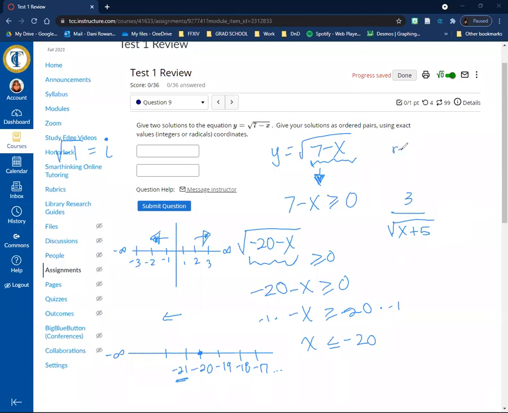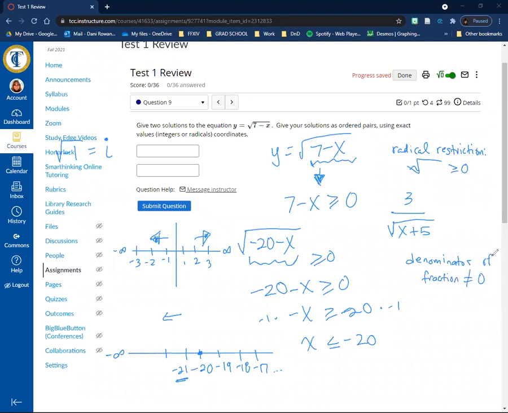The radical restriction: whatever's underneath the square root is greater than or equal to 0, right? But what's the rule about a denominator? It can't be 0. So the denominator of a fraction cannot be 0.